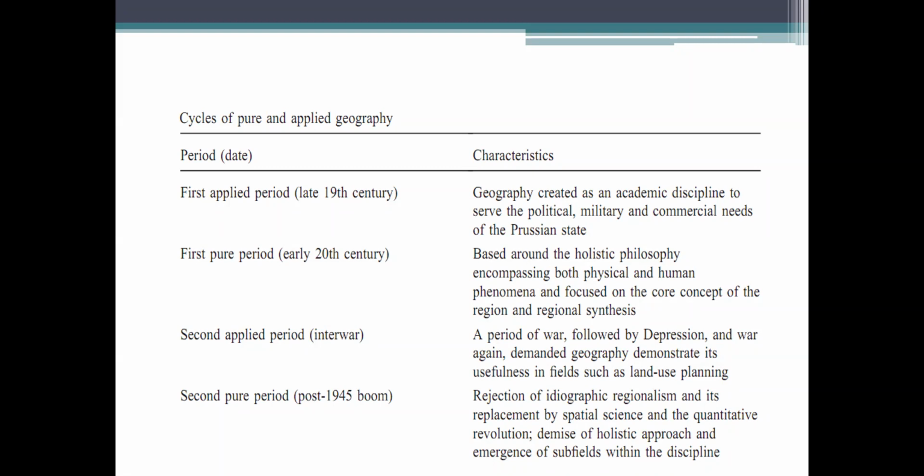Therefore, rejection of ideographic recognition and its replacement by spatial science and the quantitative revolution, demise of holistic approach and emergence of subfields within the disciplines.